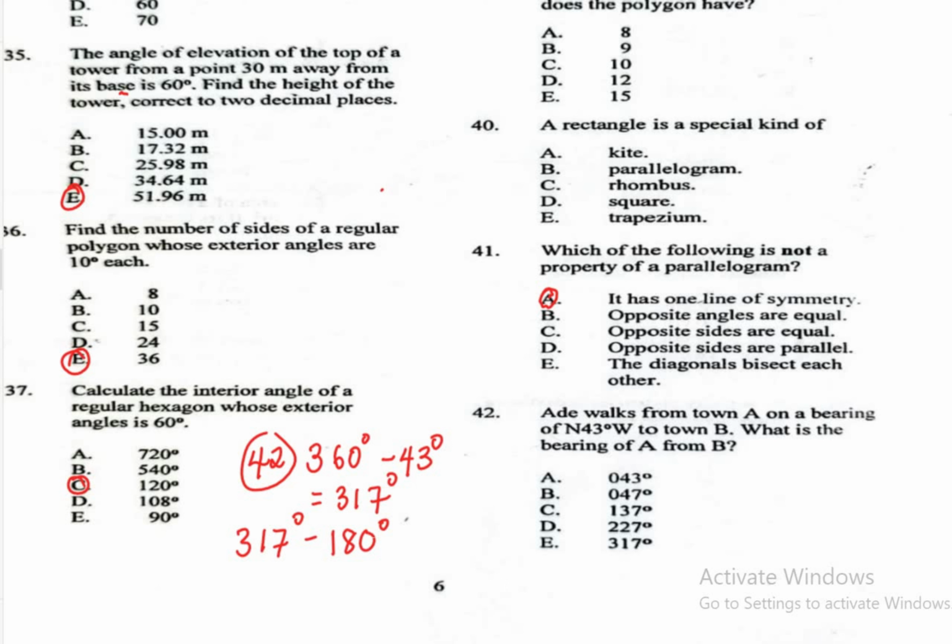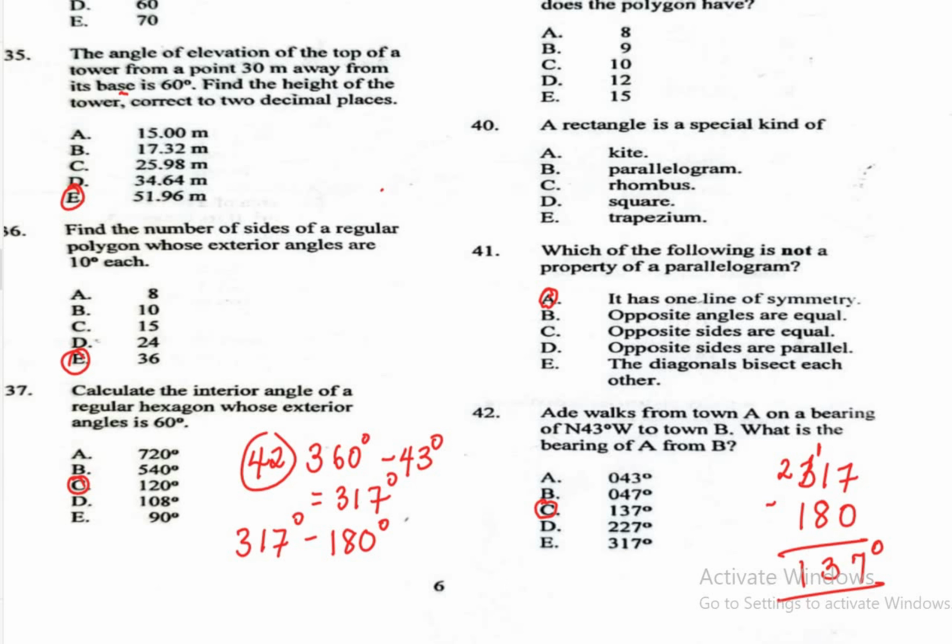That's how we can get our final answer. 317 minus 180 degrees. This is 7. Borrow 1 from 3, 3 reduces to 2, put the 1 here. 11 minus 8, what will that give you? That's 3. 2 minus 1 is 1. 137 degrees. That is the right answer, which is option C.